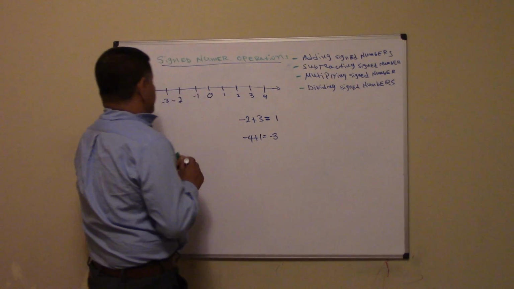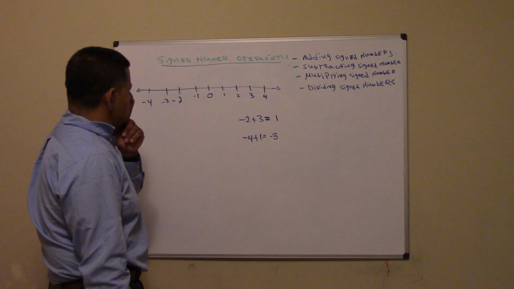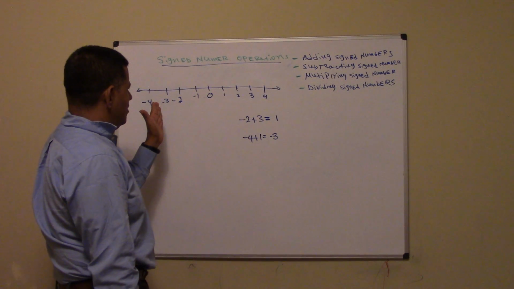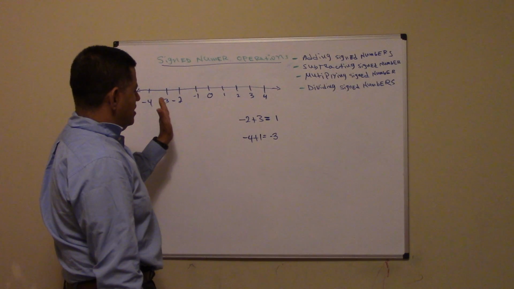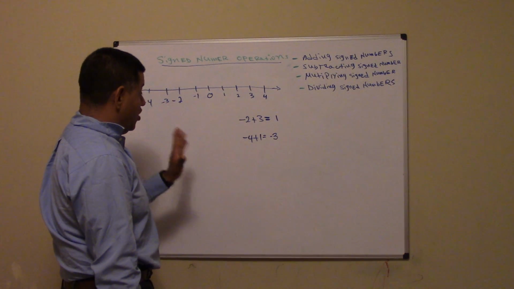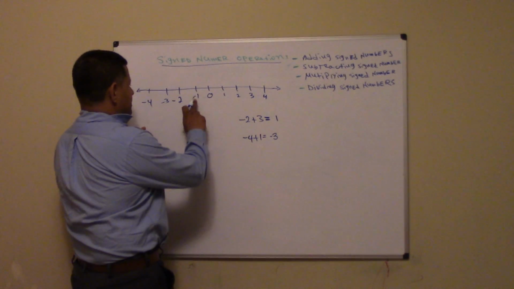Now, let's say that you want to do a problem that involves a negative number plus another negative number, right? Let's say that you're adding negative 1.